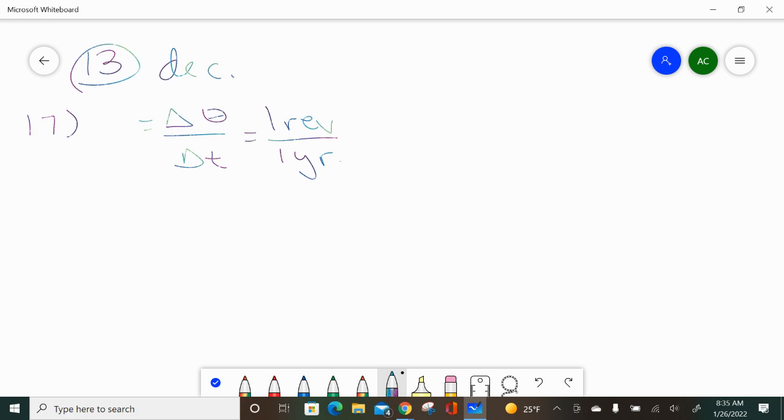So we need to change it to radians per second. Yes, it is angular velocity, that is the revolutions per year, which we then need to switch. Okay, so it's not a new formula, it's just a changing of the units.